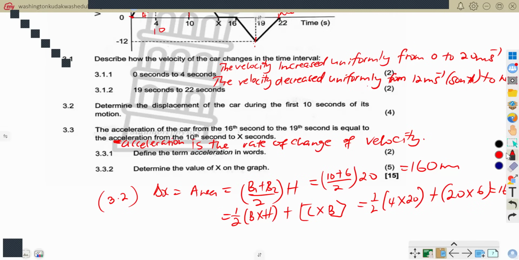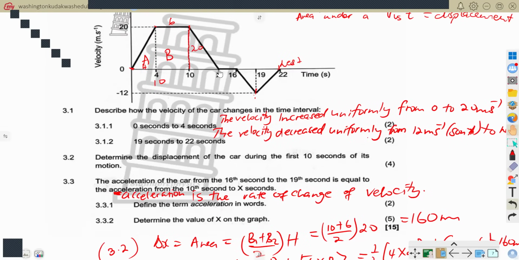So how do we do that? Let me show you what they are looking for. They are looking for the acceleration here being equal to the acceleration there. How do we calculate that acceleration? We need to find the final velocity and the initial velocity, and the time taken to change that velocity, here and there.